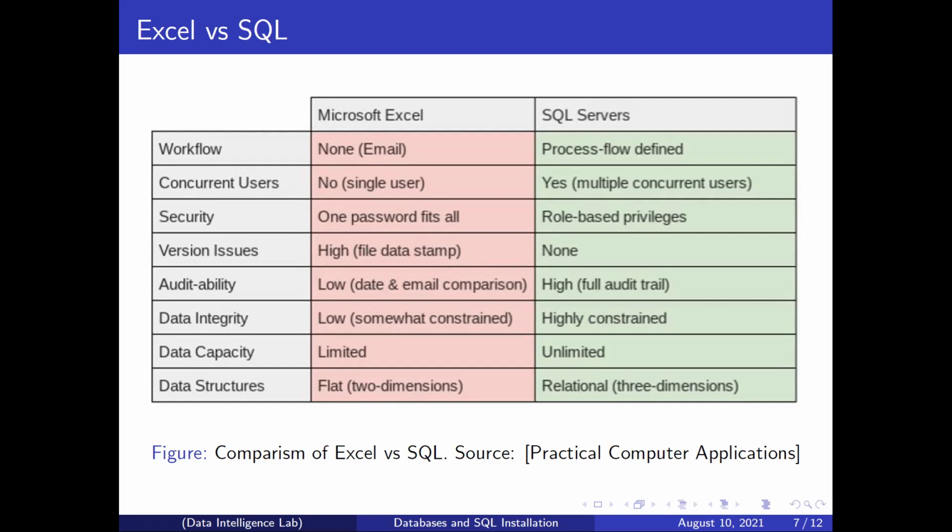SQL database management system also allows multiple users to access data, but Excel is just a file, so it's just one user, right, at a time. Though we have Google Sheets now that is cloud-based, available to individuals through their Google account, right?